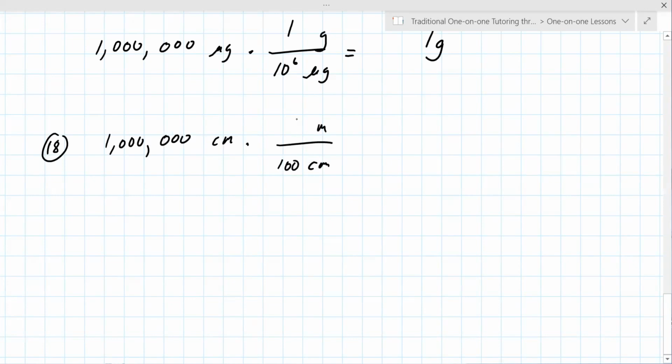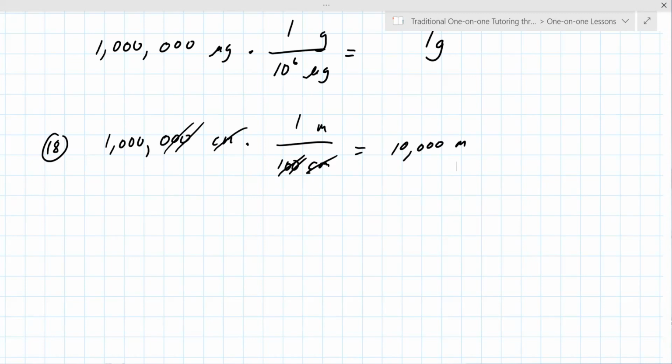There are 100 centimeters in 1 meter. 2 of those zeros cancel with 2 of those zeros. So you get 10,000 meters. Are you seeing my screen? Yeah, I'm seeing it. Okay. Just making sure, because sometimes it doesn't always.